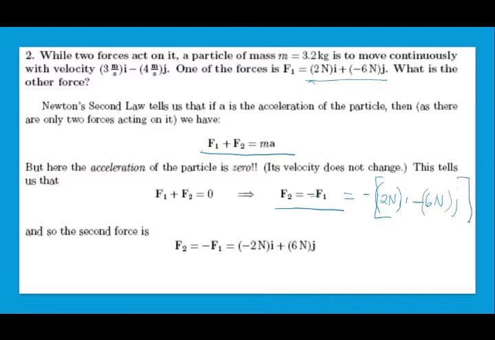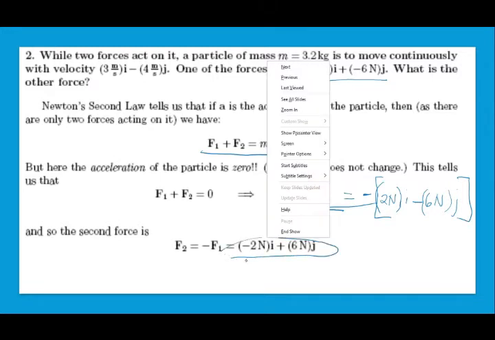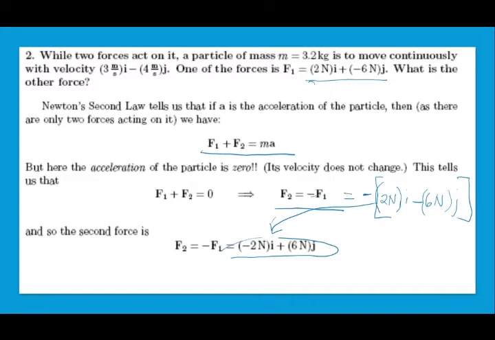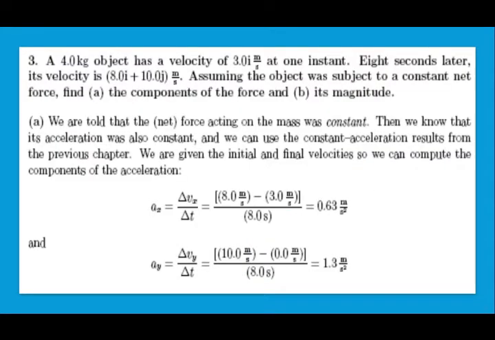So, F2 is the negative of it, okay? So that is the answer. You will get negative 2 newtons i plus 6 newtons j. Okay? For every action, there is an equal and opposite reaction.